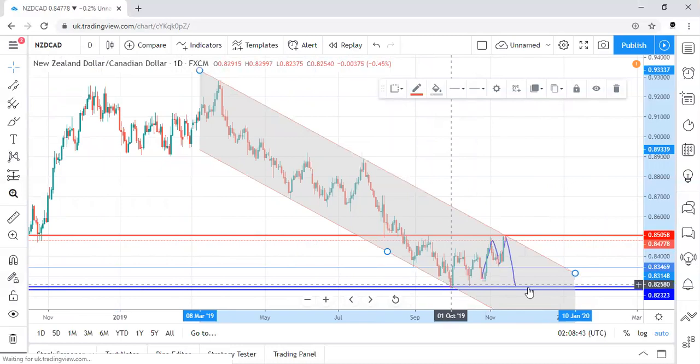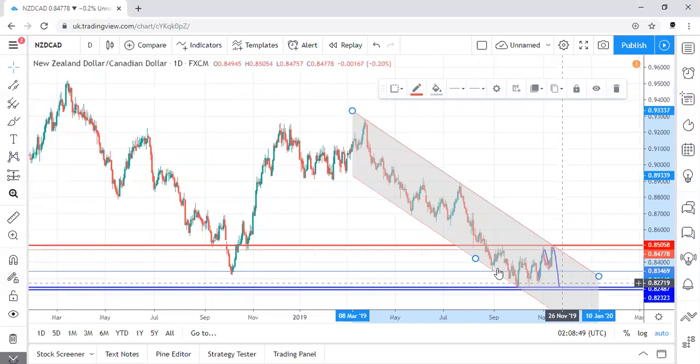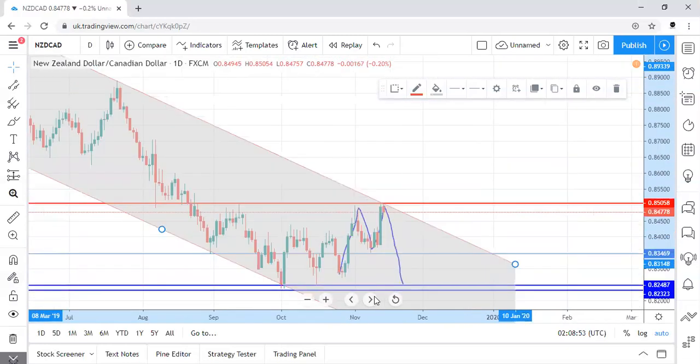If it breaks our support level, we could see it drop further downside until our channel here, and it can play out. As you can see, this is what the market does. It touches the channel, maybe reverses on minor support, resistance, sorry, comes back to support and it's in the channel.